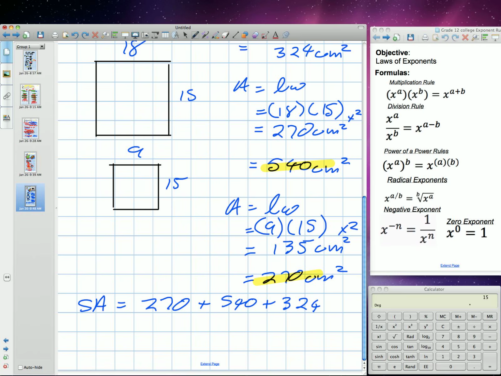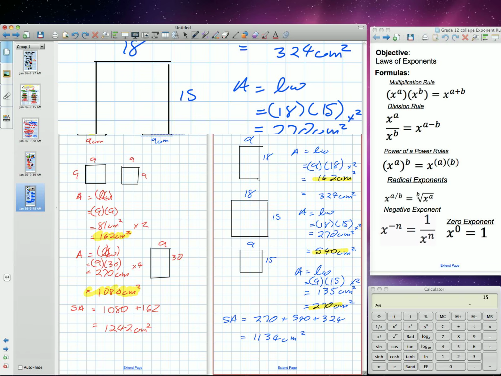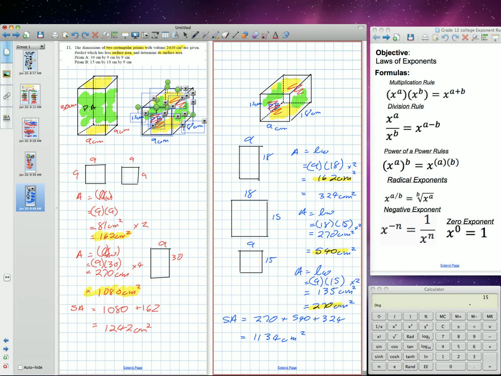Plus 324, all centimeters squared. The total surface area of this is what? 1,134 centimeters squared. Let's compare it to the other page. So, which of these had a surface area that was less? B. B had the smaller surface area.